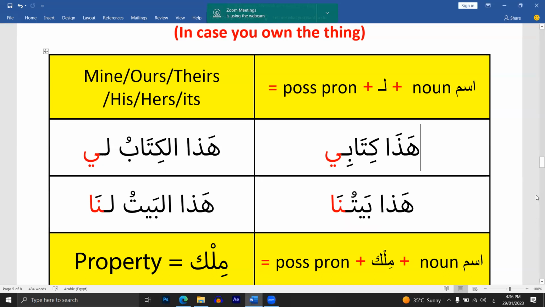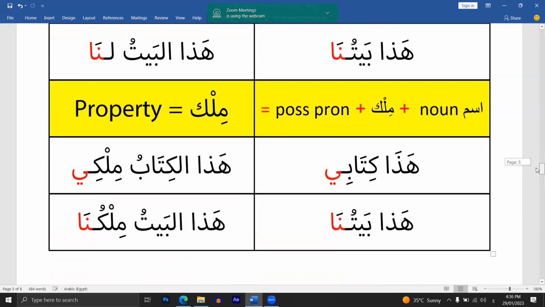Let's move to the second expression. We will do the same. Instead of connecting the possessive pronoun to the property, we will connect it to this word, milk. This word here, milk, means property.